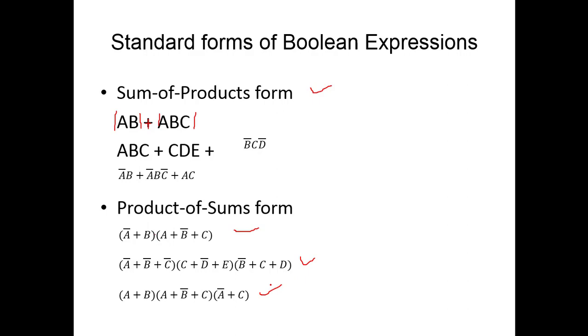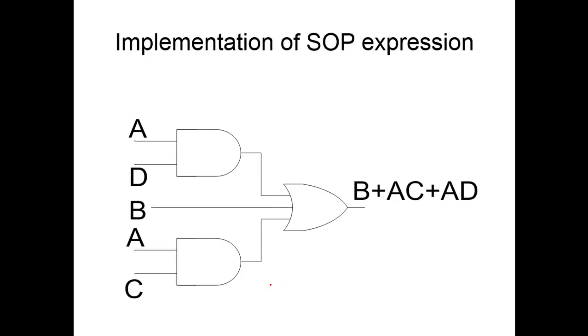In implementation of sum of product expression, each individual term corresponds to one literal, or if we have two literals, then we have a logical AND operation between these two literals, and finally at the output side we have an OR gate which represents addition operation of all the terms.